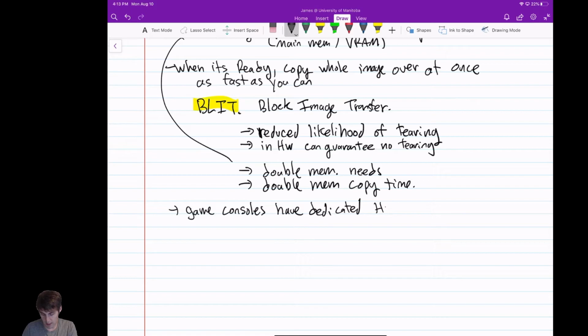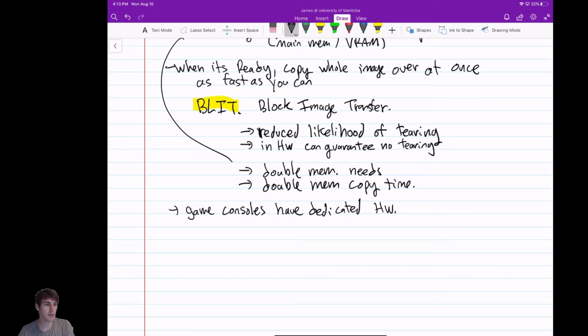This is why in the 90s, the era of the first PlayStation, the N64, the Super Nintendo, had very smooth graphics. They guaranteed in hardware no tearing. PCs had a much harder time doing that.